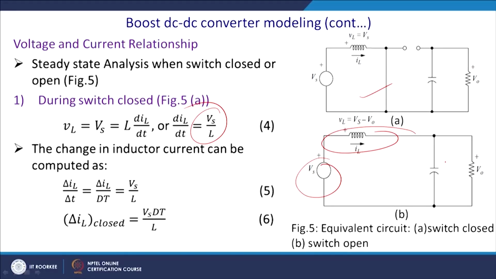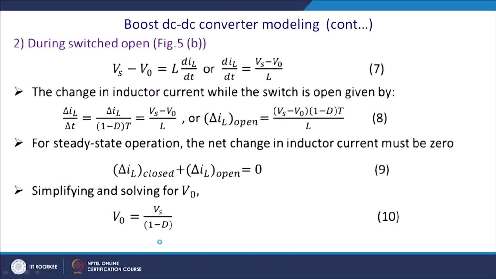So, the change in the inductor current can be computed: delta I by delta t equal to Vs by L, where you can replace delta t as D T. So, delta IL closed, that is the ripple current present in the inductor, will be Vs D T by L. So, this is the relation between the current ripple and the different parameters associated with the boost converter.